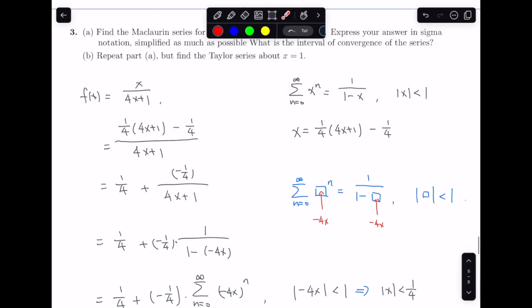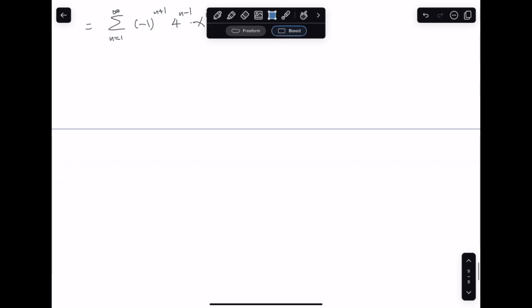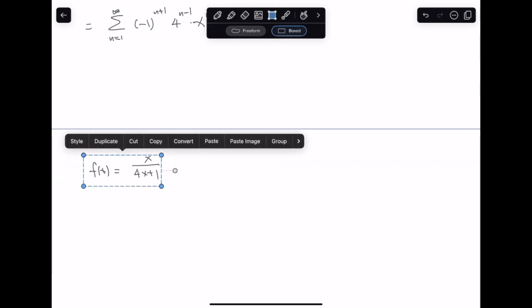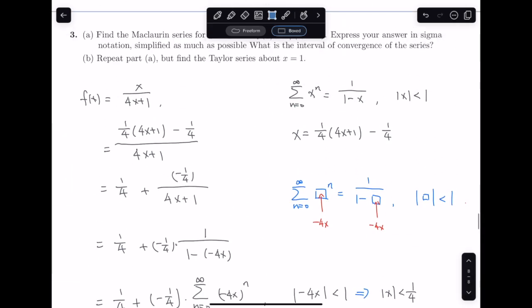So what we should think about is how we can create that x minus 1 expression in our function before we apply the formula.